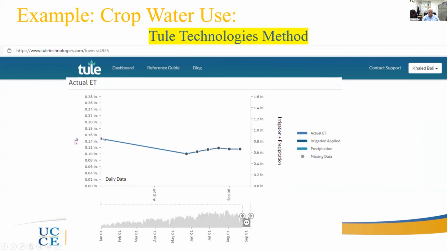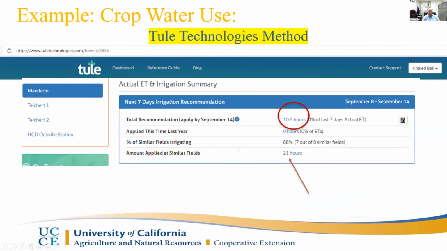They can show me the actual ET lost on a daily basis. You see, this is an example for citrus. And you can see on a daily basis as well, I'm losing about 0.16 inches a day. And they can say, well, based on what happened in your field last week, you need to apply 10 hours of irrigation this week.